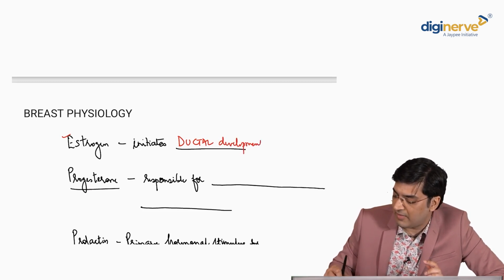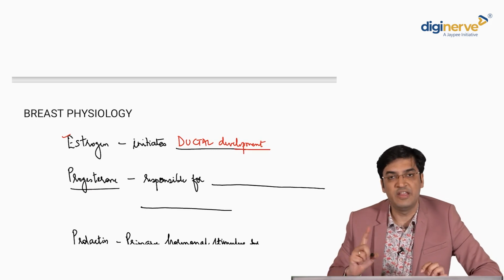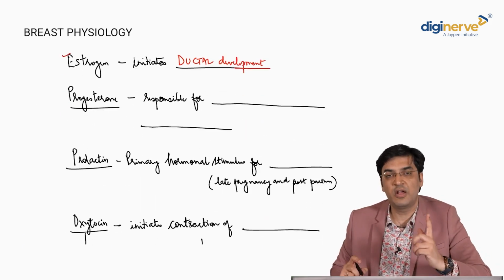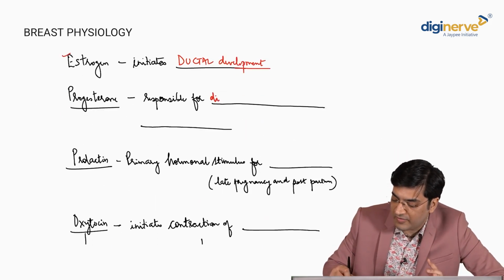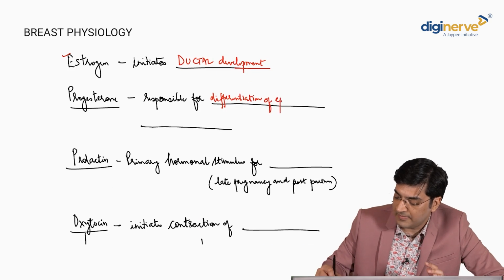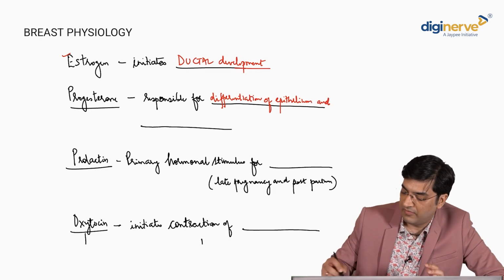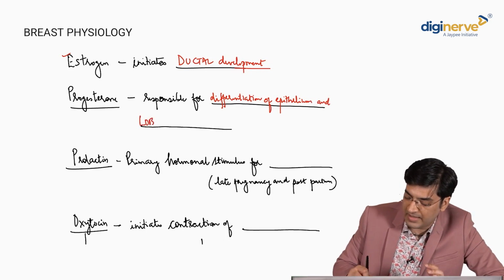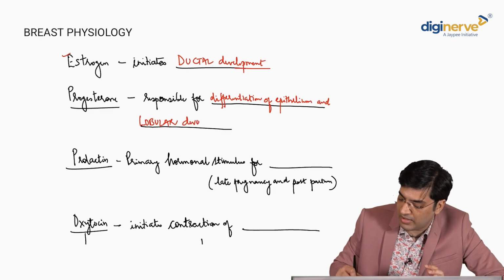What is progesterone responsible for? It is responsible for the differentiation of epithelium and for lobular development. So, ductal was estrogen and lobular was progesterone.